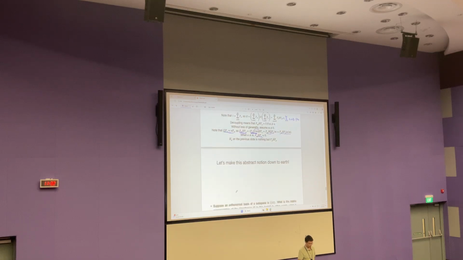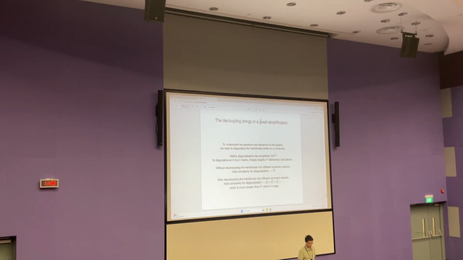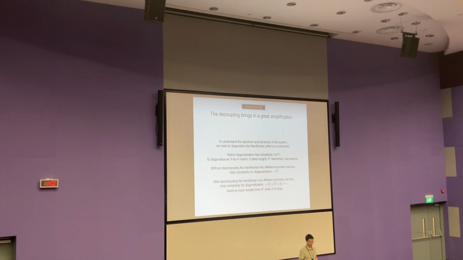This is useful because if we try to understand the spectrum and the dynamics of a system, we may need to diagonalize the entire Hamiltonian on a computer. For an n by n matrix, the computational complexity of diagonalization scales as n cubed. So if we don't decompose the Hamiltonian into smaller pieces, the total complexity will just be this much.